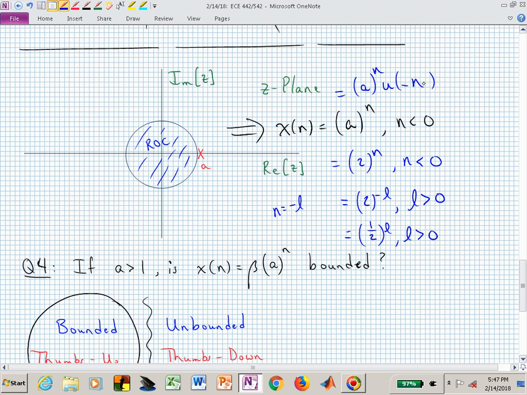You plug in n equal to minus 1, and what happens? You now have u of 1. Is the u at 1 on? Yes, it equals 1.